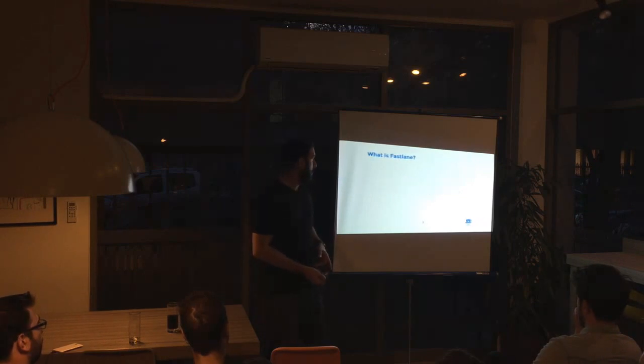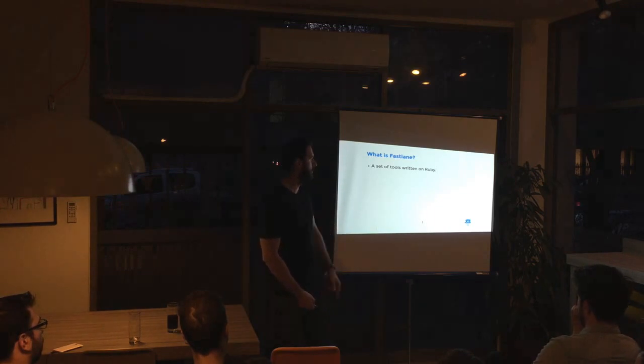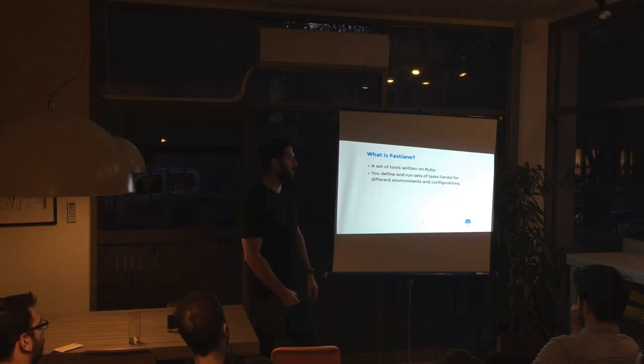So, what is Fastlane? Fastlane is actually a set of tools. I believe it's like 10 or 12 tools written in Ruby. And essentially what it allows you to do is write a file.